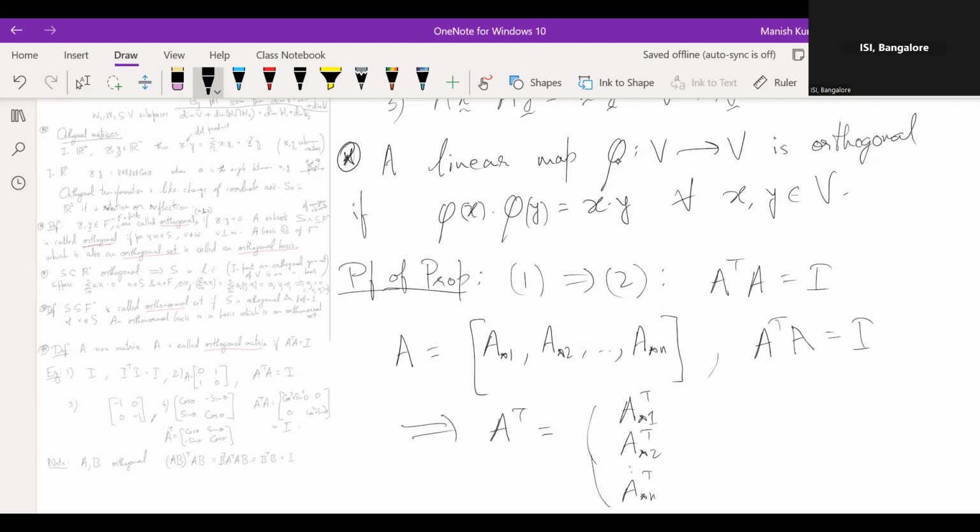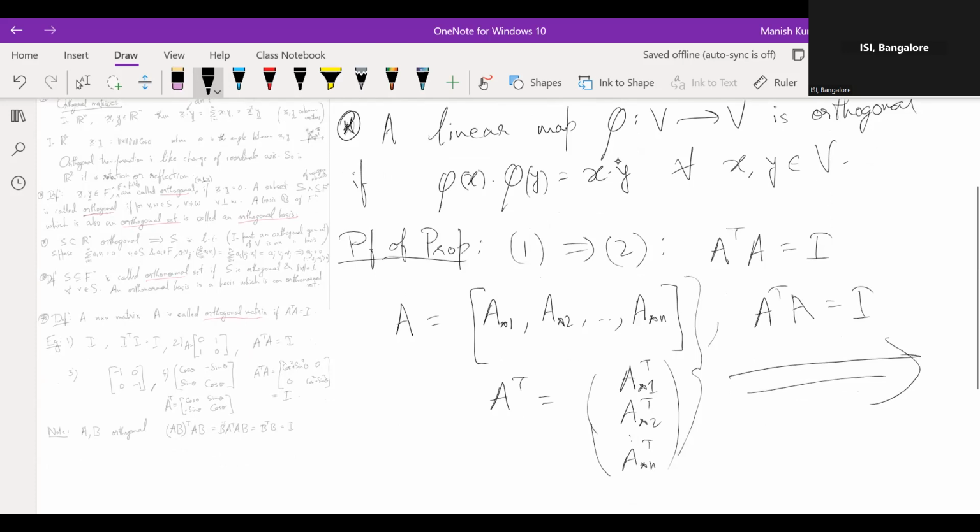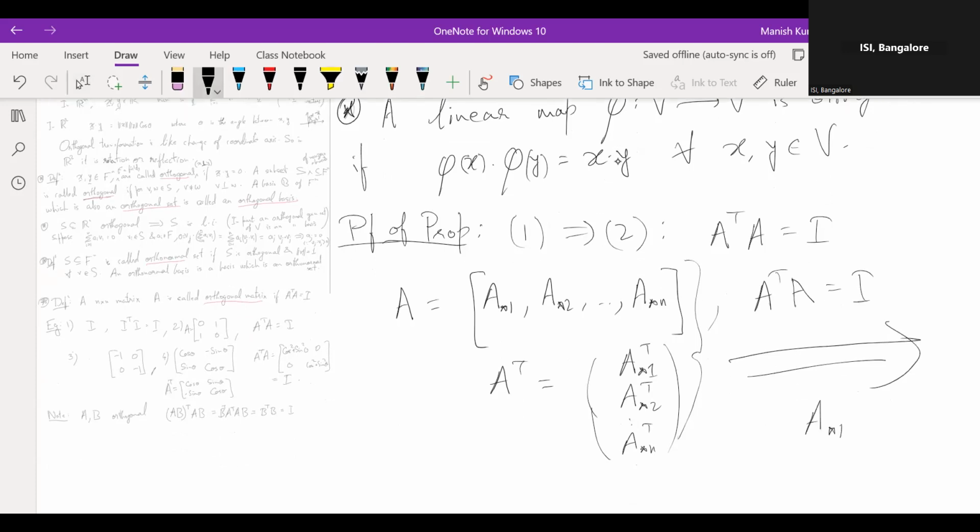So A transpose A is just multiplying these and getting identity. Writing this together, A transpose A equals identity means that A star 1 transpose A star 1 is 1, or more generally, A star i transpose A star j is the ij-th entry of the identity matrix, which is delta ij.